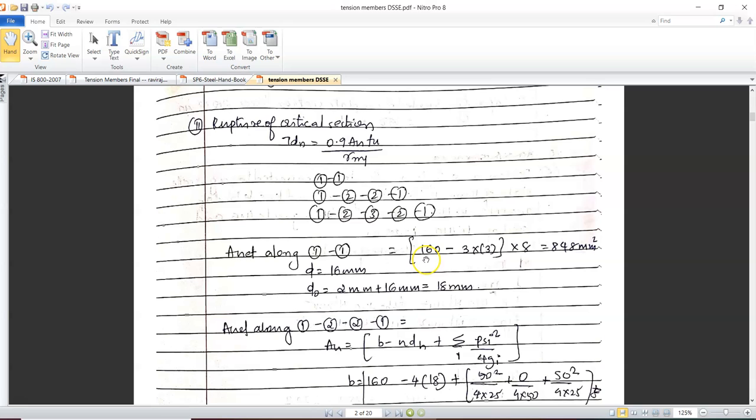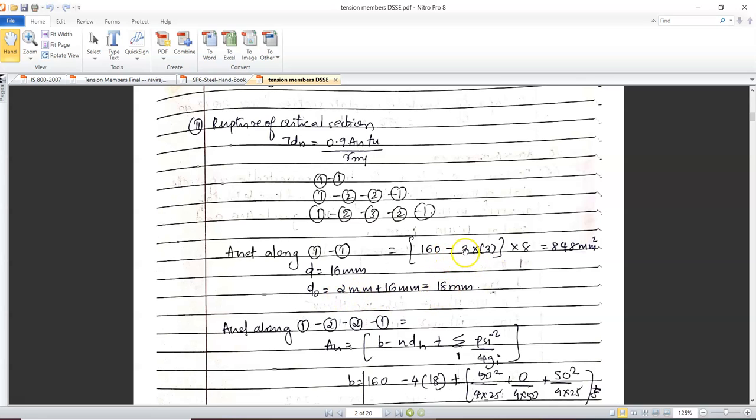Total width of the plate is 160 minus 3 into, a mistake here, this has to be 18. 3 into bolt hole: bolt diameter is 16, hole diameter is 18 mm, 16 plus 2 clearance, 18.